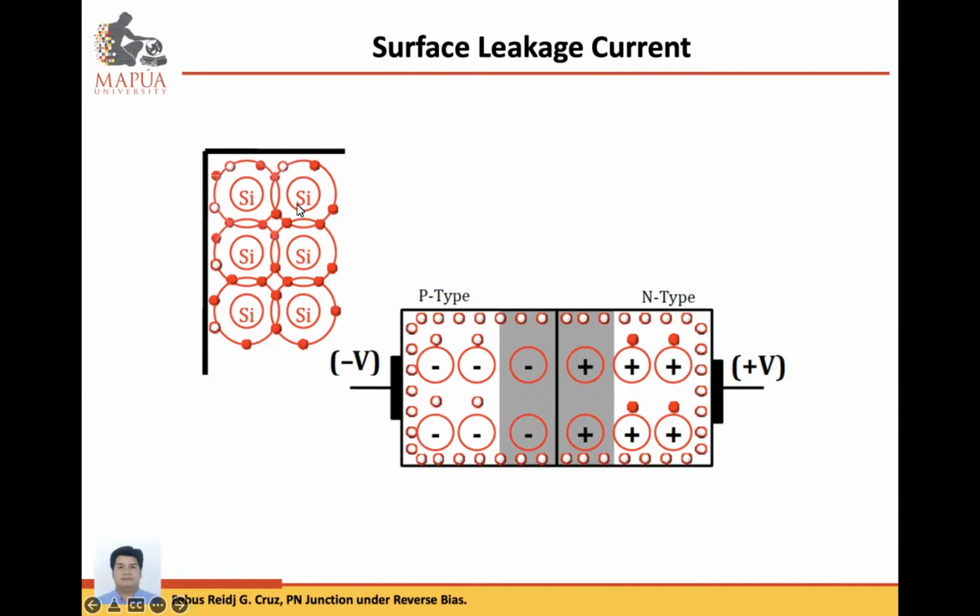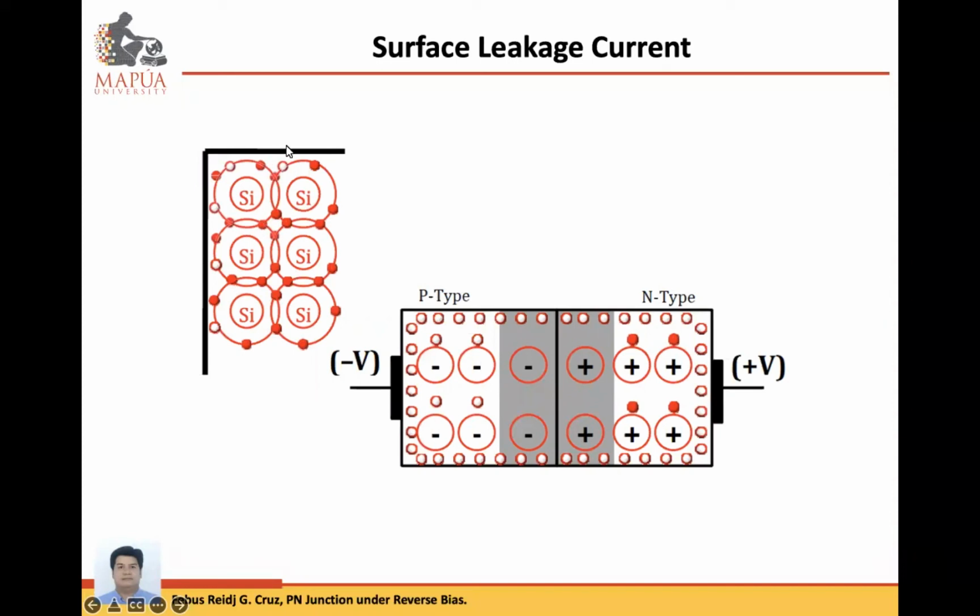Let's say you have here a silicon crystal. We assume that every silicon atom within the silicon crystal will be completely filled. Each of the silicon atoms will have a perfect 8 valence electrons, except for the silicon atoms around the surface.